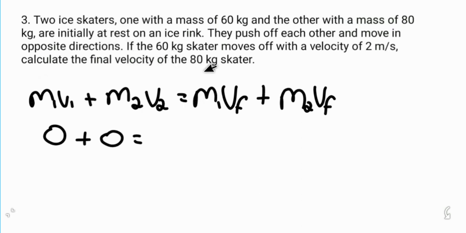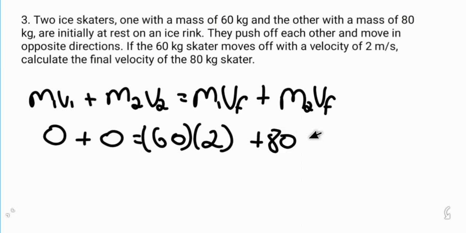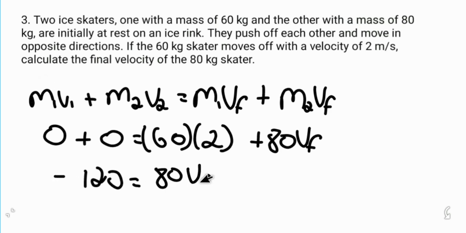The 60 kg skater was moving with a velocity of 2 meters per second to the right, plus 80 times the final velocity of the 80 kg skater after they pushed each other. Now we need to work out the final velocity. Let us transpose 60 times 2 to the other side of the equation. 60 times 2 is 120, so negative 120 is equal to 80 times the final velocity.